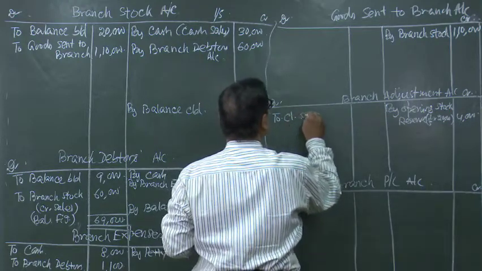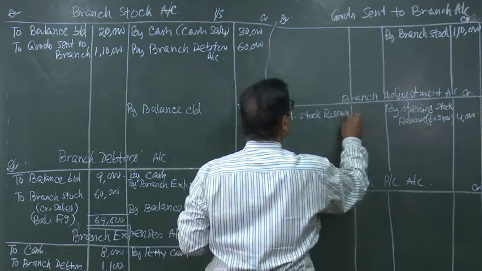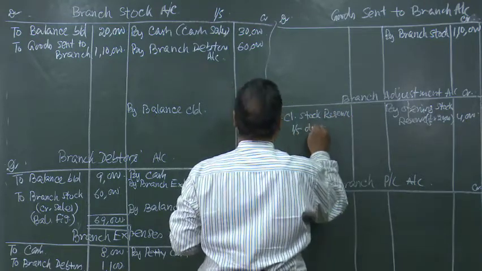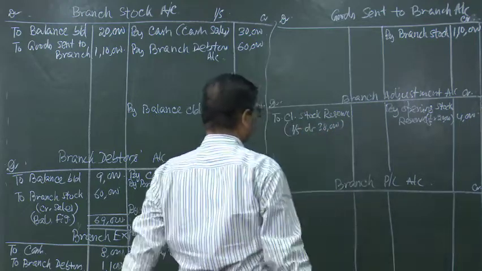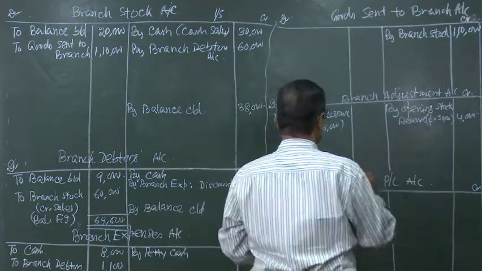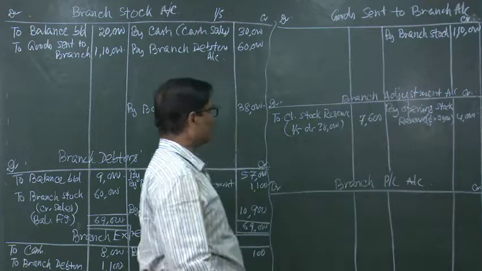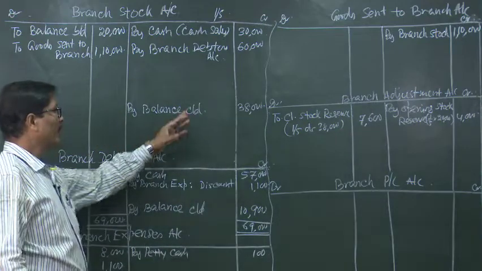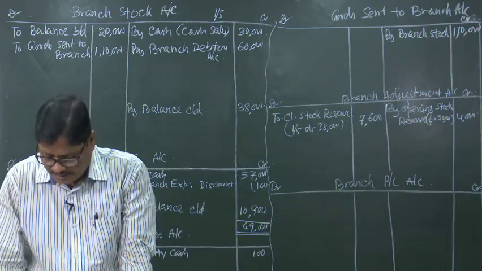To closing stock reserve, 1/5 of 38,000. That will be 3,800 into 2, 7,600. So, in this way we have removed the loading on this closing stock of 38,000, that will be 7,600.